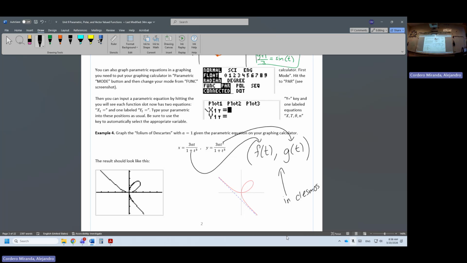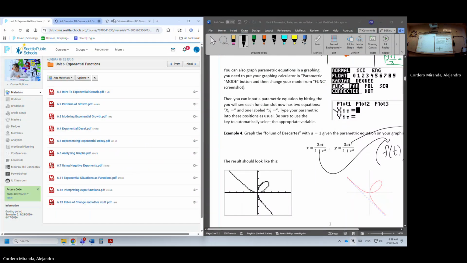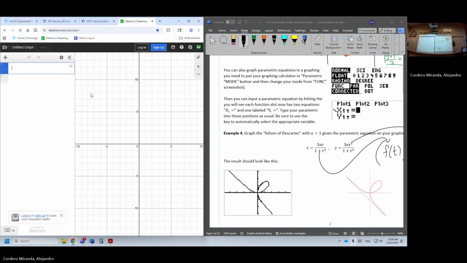Let me show you. I'm gonna make this small over here, and then I'll pull up Desmos. Of course, to put in a point, you put x comma y, and that puts that red point there.